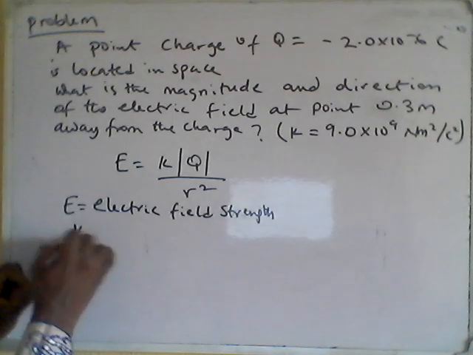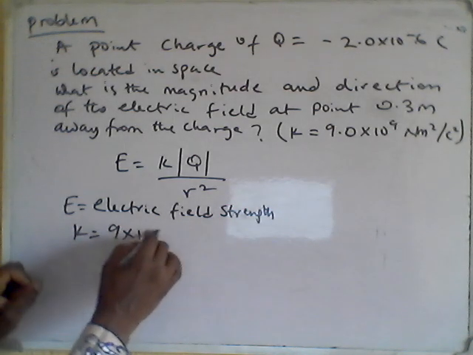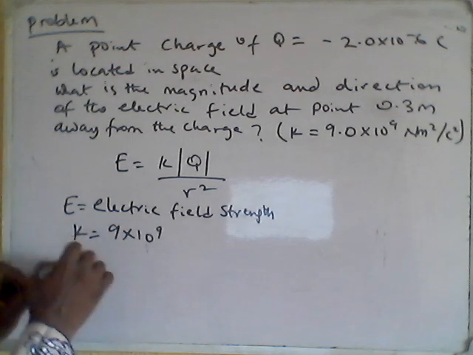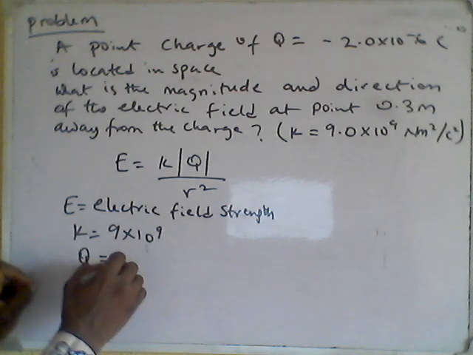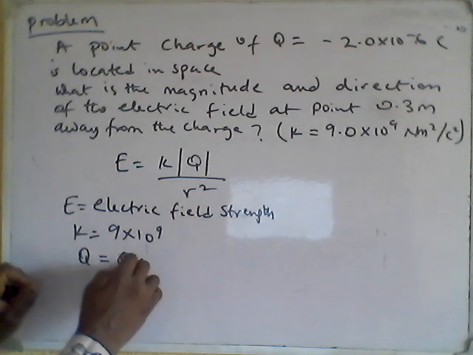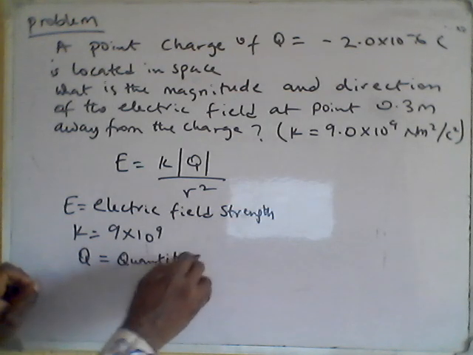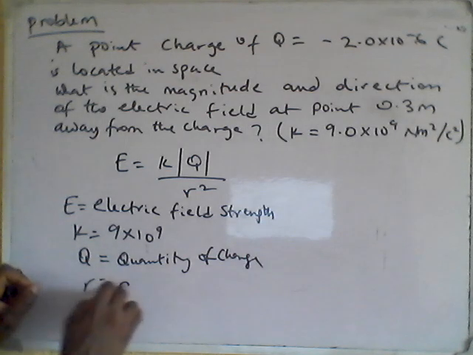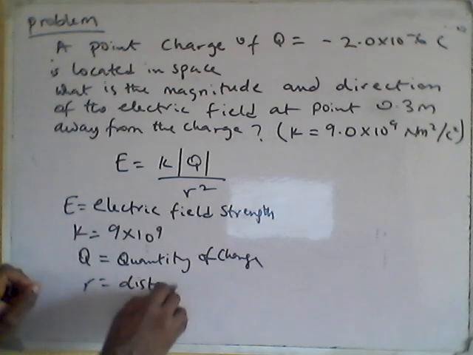And K is 9 times 10 to the power 9, that's the constant of proportionality. Q is the quantity of charge in Coulomb, and R is the distance of separation in meters.